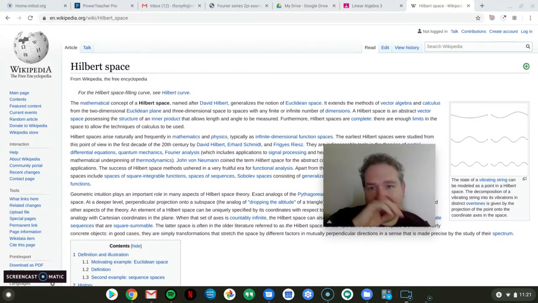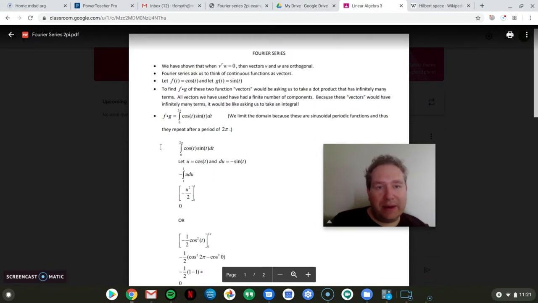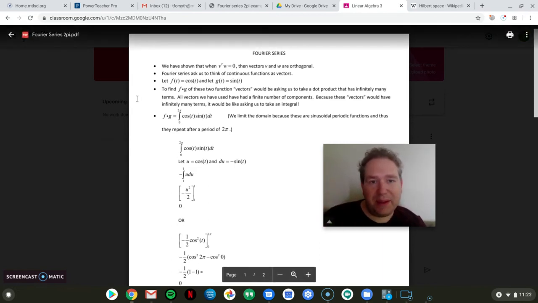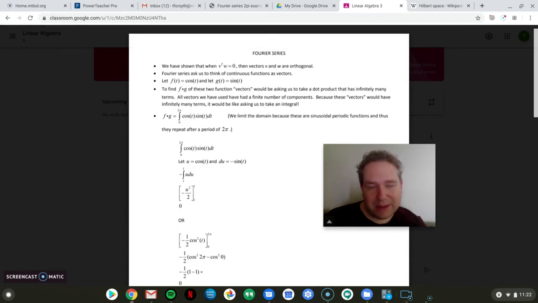So it extends a lot of the ideas from linear algebra to an infinite dimensional space, which is what we have here. Because if we're saying that we can write out any periodic function as an infinite series of sines and cosines, then the vectors in this space would be infinite in their dimension, essentially.